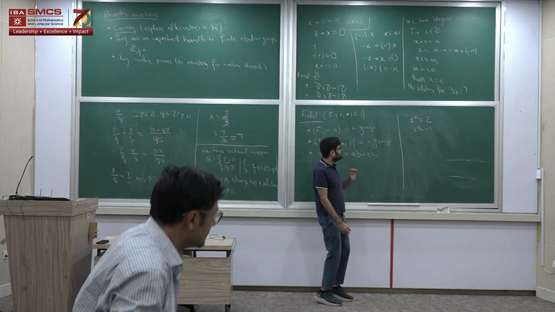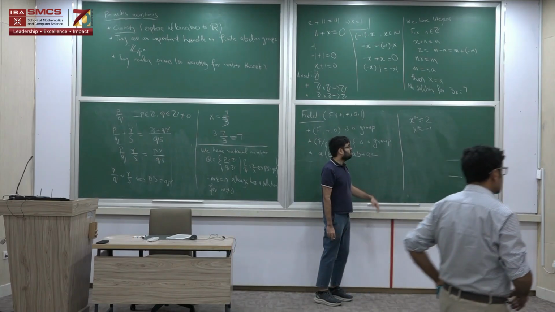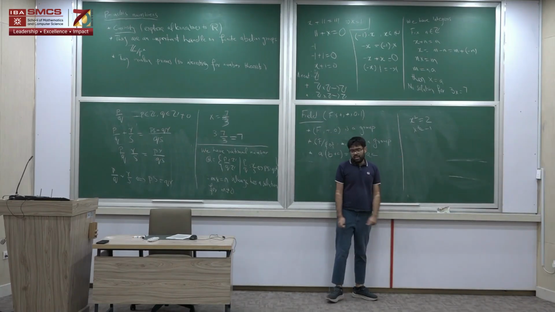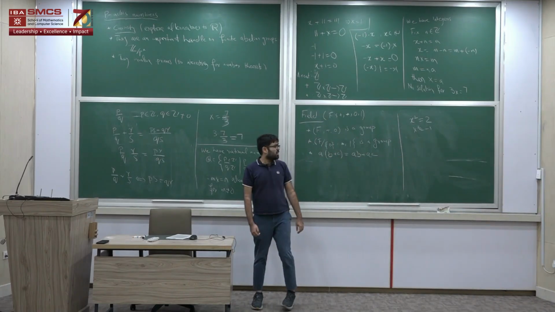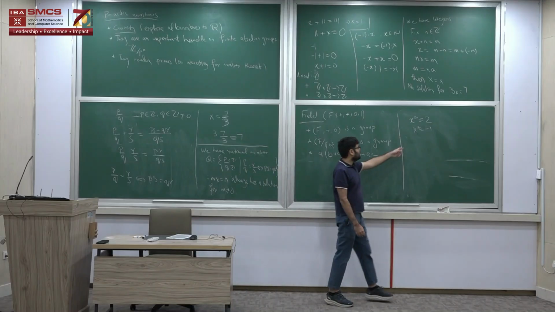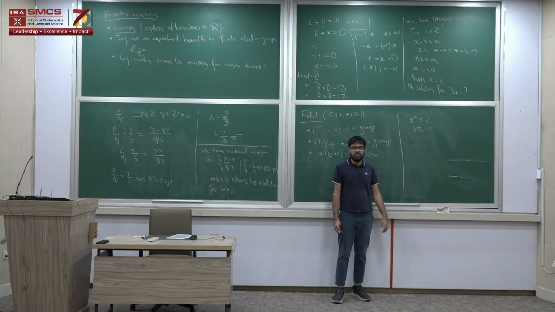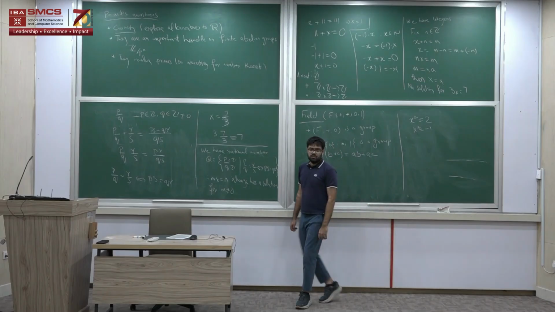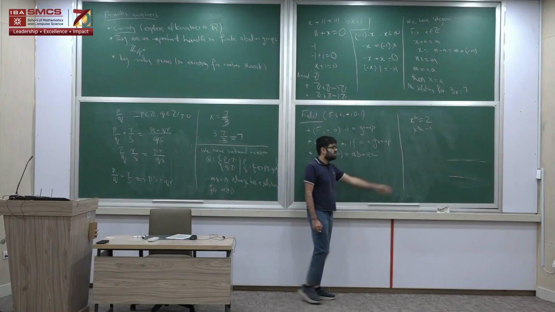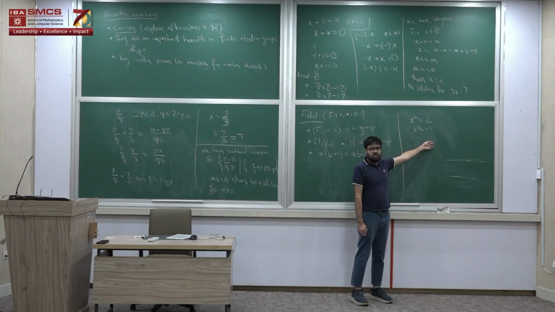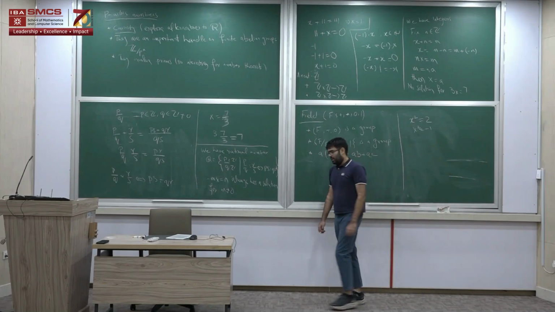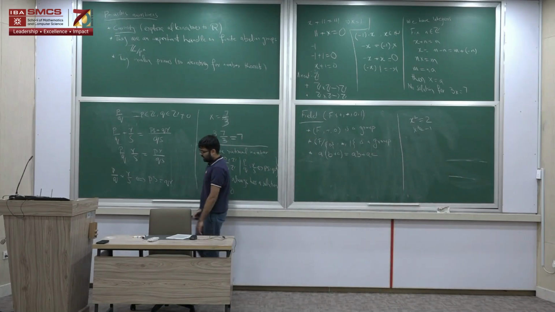I will not go through this argument, but it's pretty simple, and so we can't solve it. And this one is maybe very easy to see we can't solve, because x squared for any rational turns out to be positive. So there is some ordering principle which tells us that this equation can't be solved.